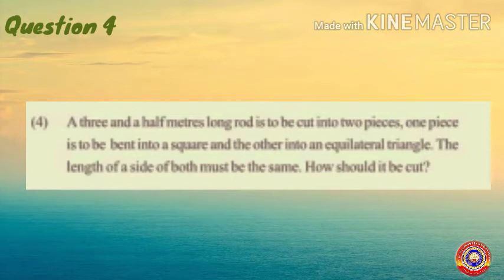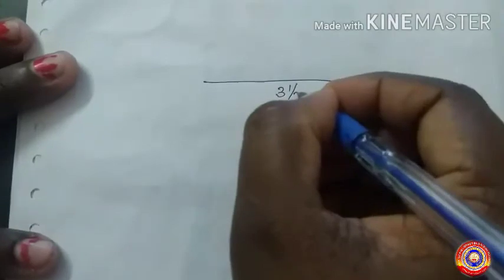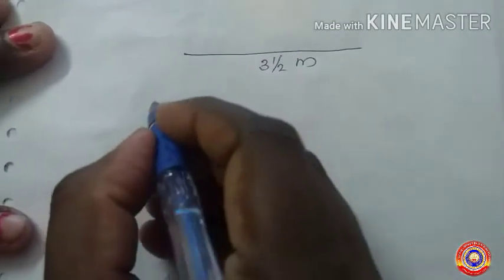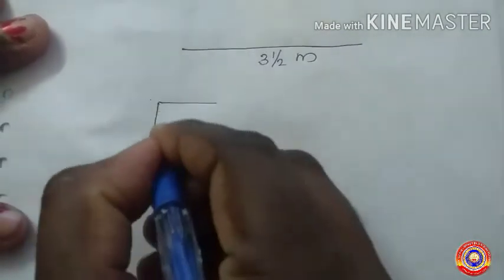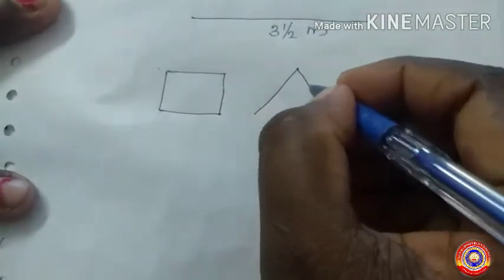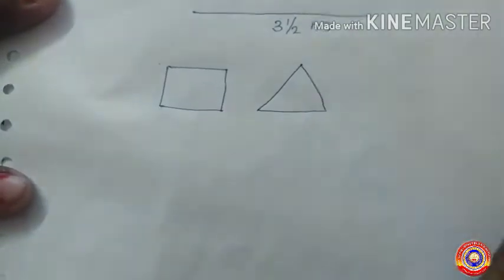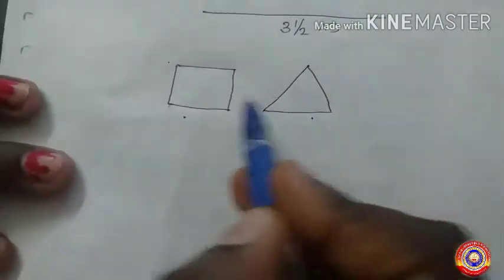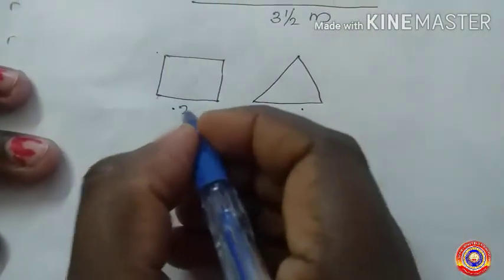How should it be cut? Here, a 3.5 meter long rod is to be cut into two pieces. The first piece is bent to make a square and the second piece is bent to make an equilateral triangle. In both figures, the length of the side is the same.